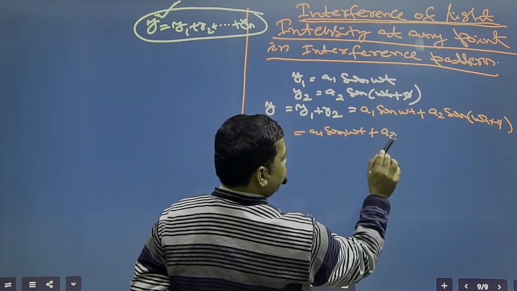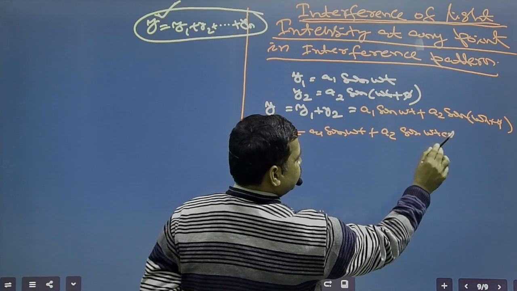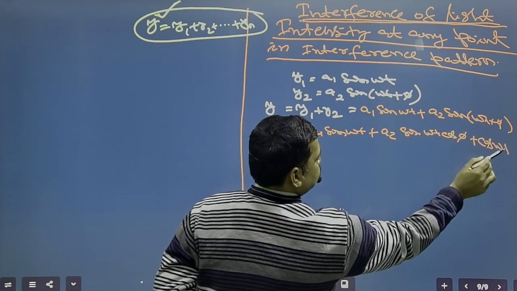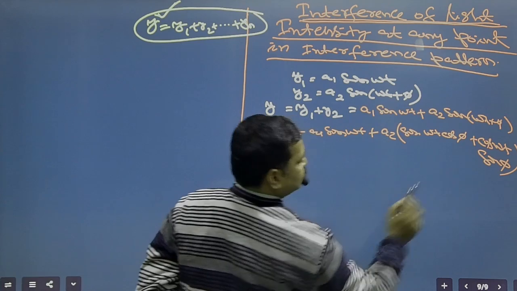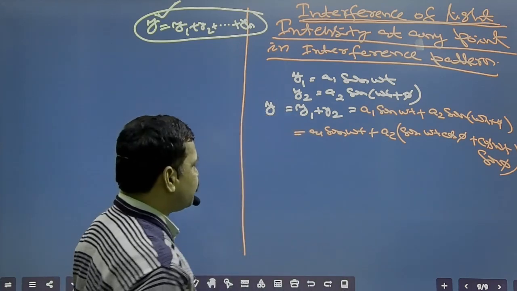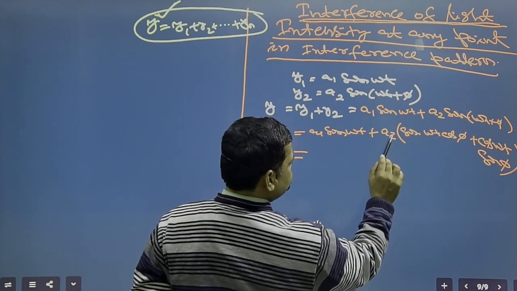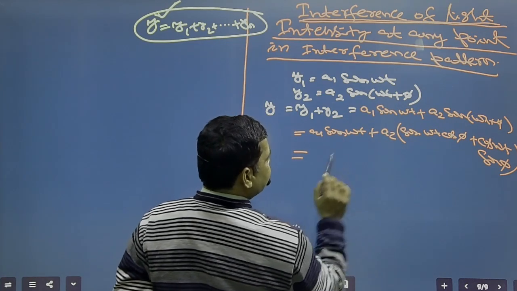So this is the formula for sin(a plus b). Now rearranging, this will be a2 cos phi sin omega t. So sin omega t I can take common.